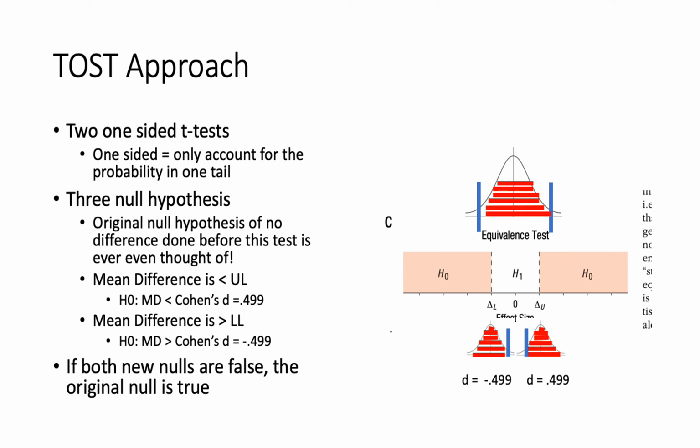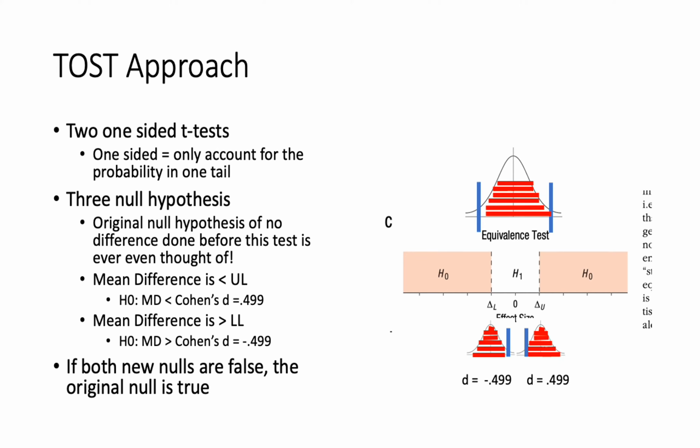So let me just restate that: Cohen's d equals mean difference over standard deviation. Cohen's d times standard deviation equals mean difference. So we can convert any Cohen's d to a mean difference. Conversely, we can convert any mean difference to a Cohen's d by just calculating Cohen's d.